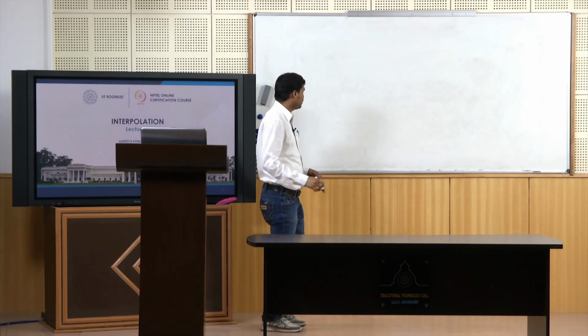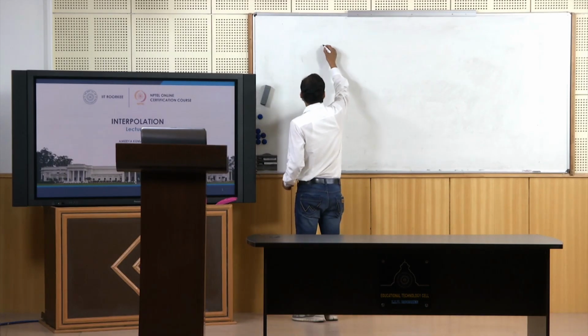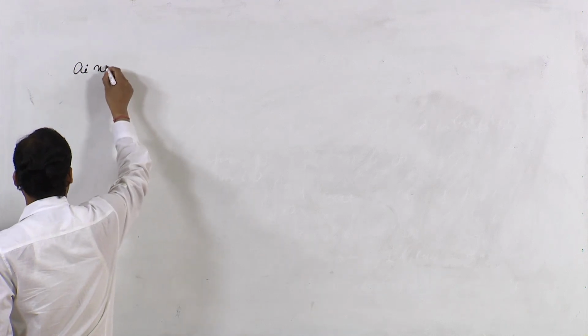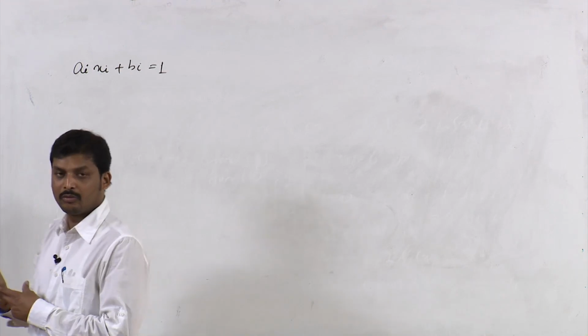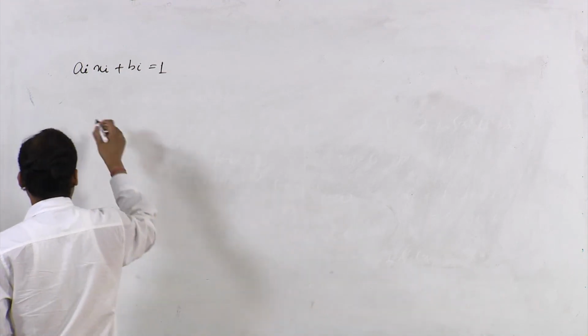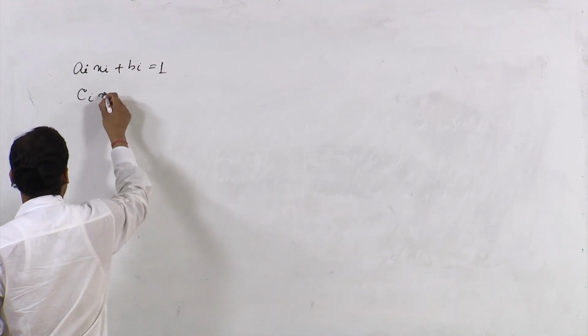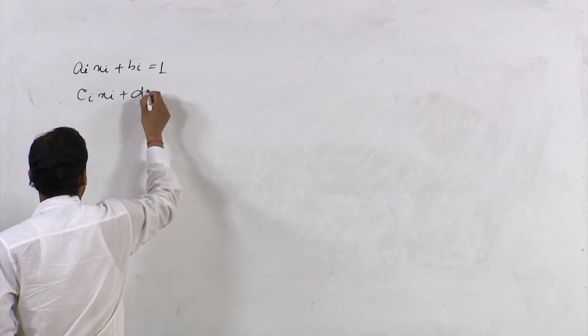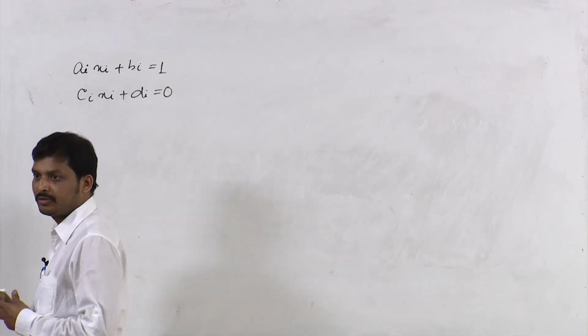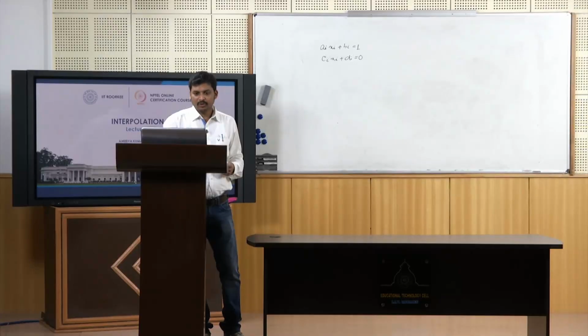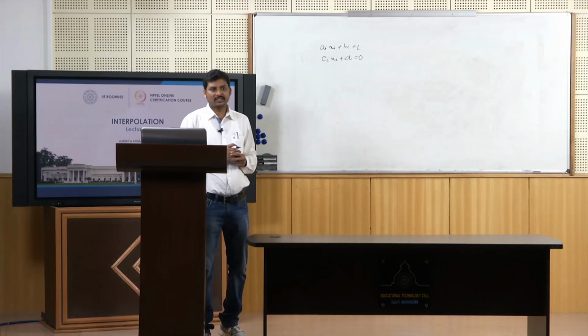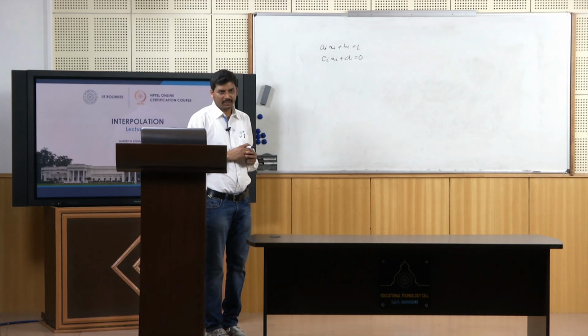First condition we can get as ai of xi plus bi equals 1. Second condition we can get as ci of xi plus di equals 0. Since especially if we are seeing here in the first term, that is ui(x) equals (ai x plus bi) into Li square here.